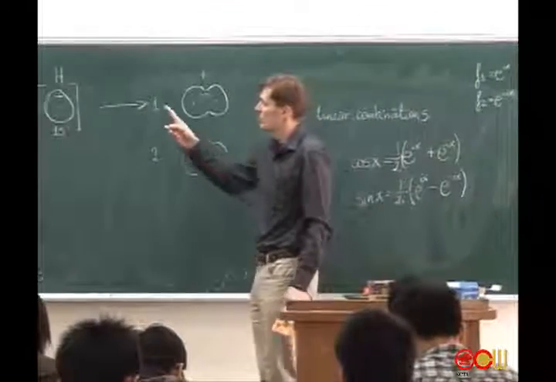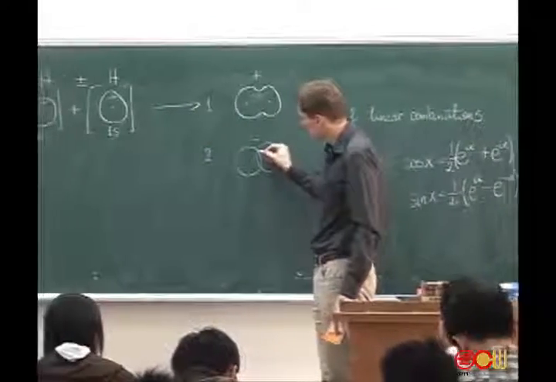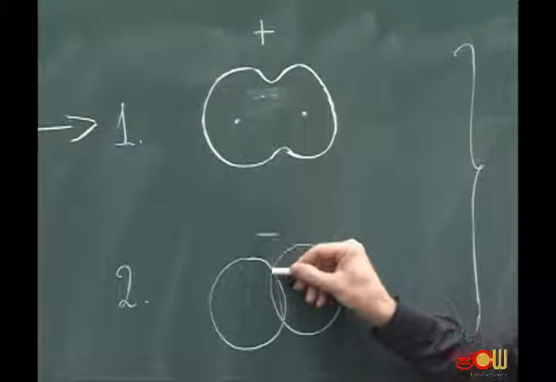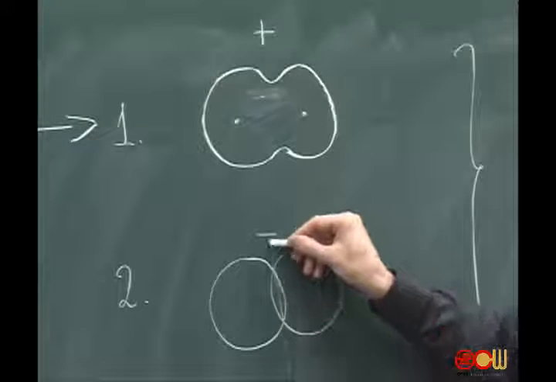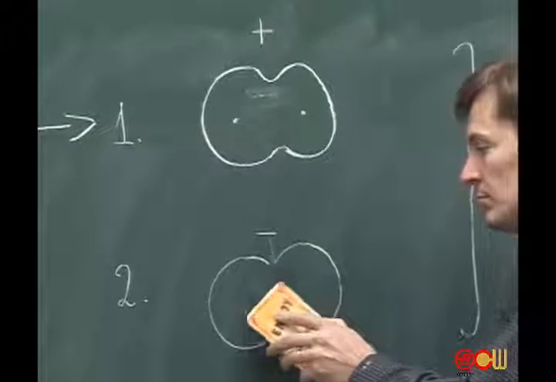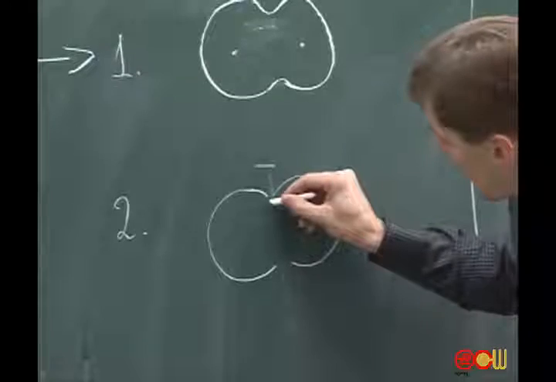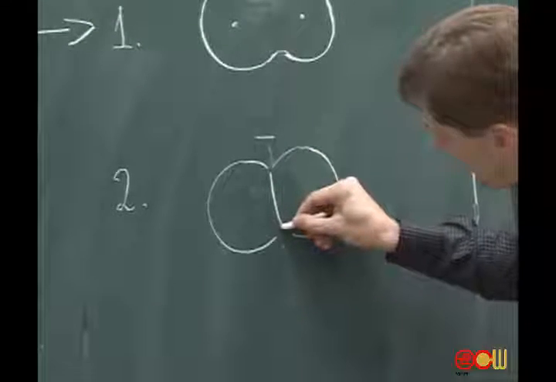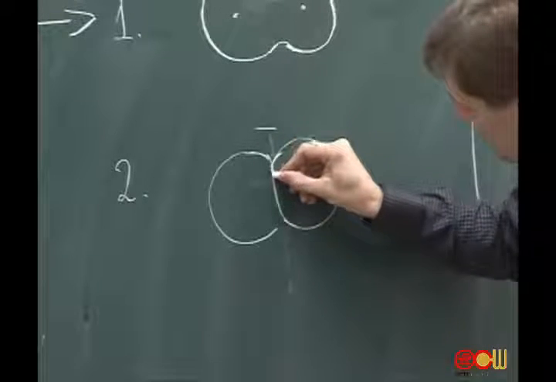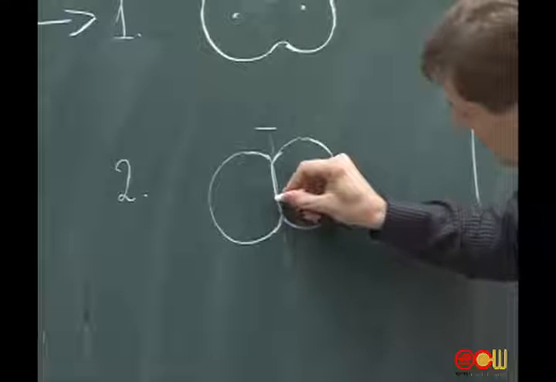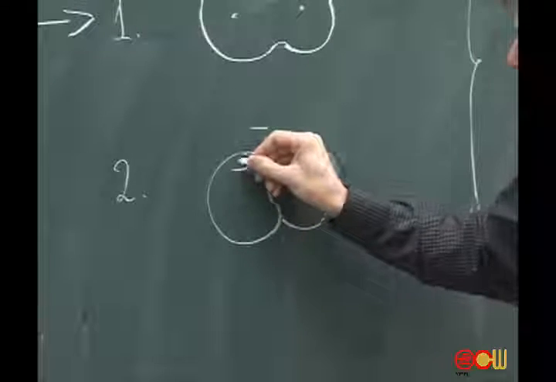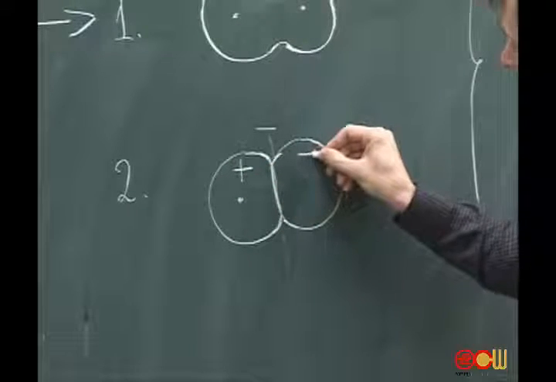In the other case, when we have the plus and minus, you see that in this region, on this line, everything what is on this line will cancel and give 0. So the new orbital will look like that. As I said, everything on this line is 0. Again, this orbital has plus everywhere. This one has plus here and minus here.